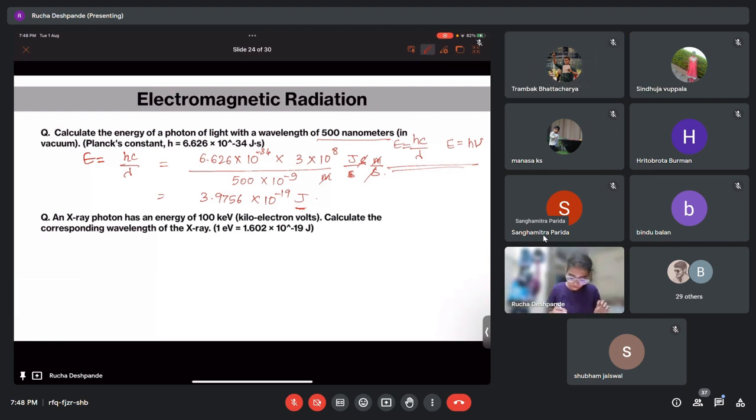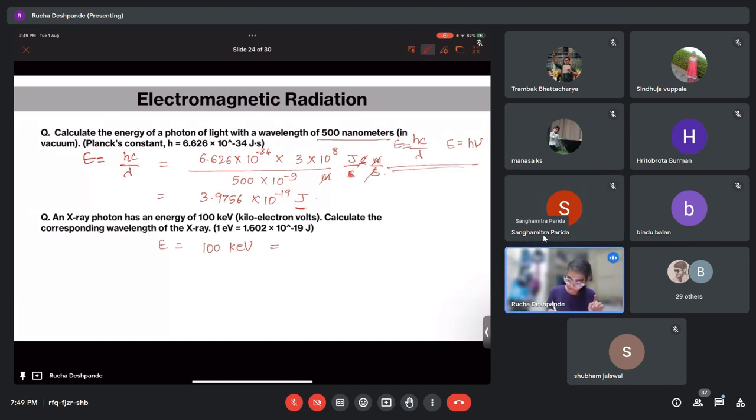Yeah, sorry. So first, we saw that our energy was in joules. Joule is the standard unit, right? Here our energy is given in kilo electron volts. First we have to convert it to electron volts, then 1 electron volt is this much in joules. Yes, that is absolutely correct.